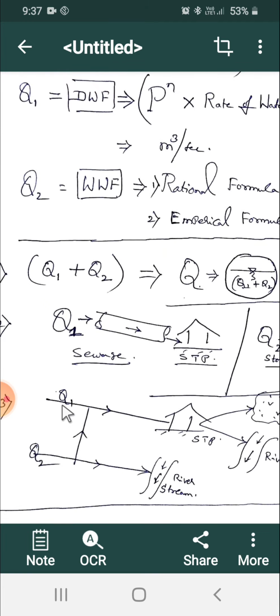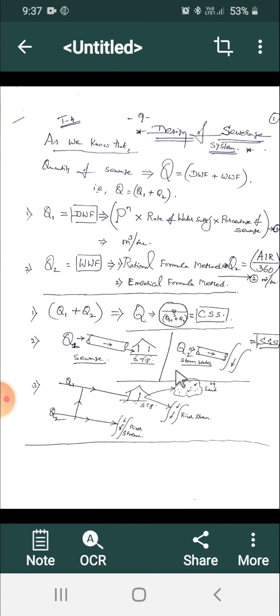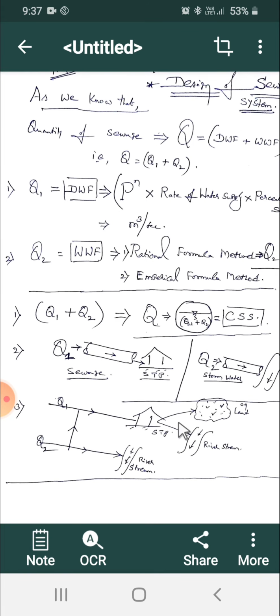In the beginning we allow this storm water into this pipeline, and afterwards we stop it and allow the rest to go to the river stream. This water will go to the sewage treatment plant, and after the treatment, it will either be disposed on the land or into a water body. Water body means dilution, which we already studied.